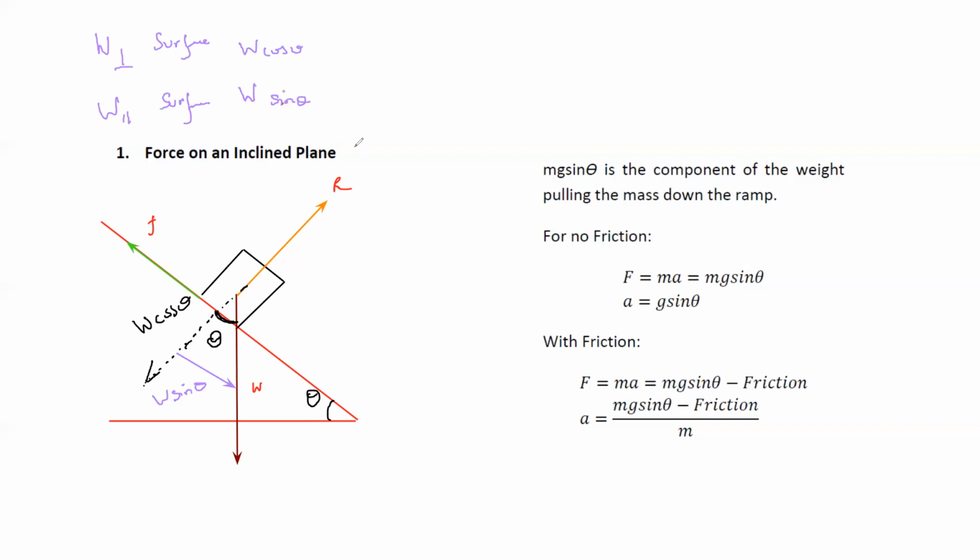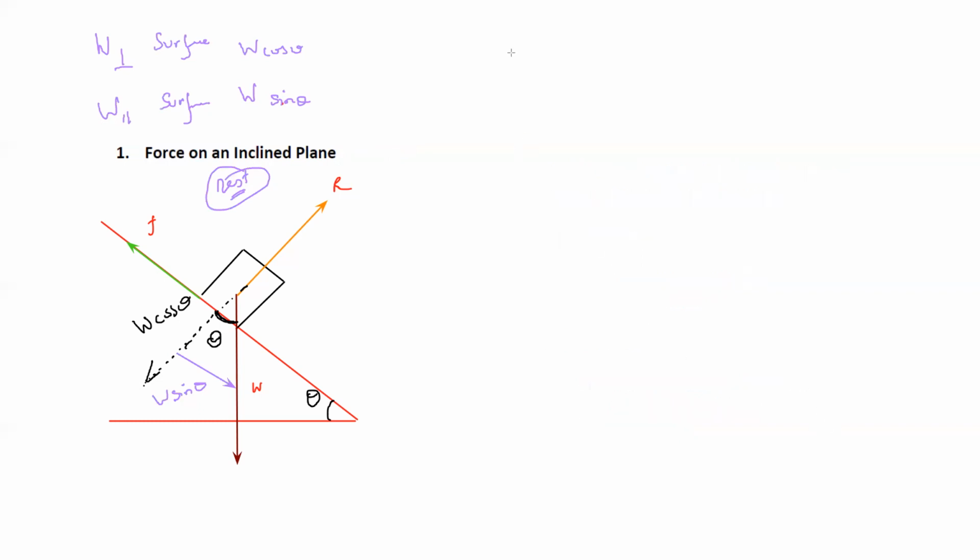Now if this object is stationary, if we consider the first case, if this object is at rest, there is no resultant force, or the resultant force will be 0. So if the resultant force is 0, R is acting perpendicular upward to the surface and W cos theta is acting down.